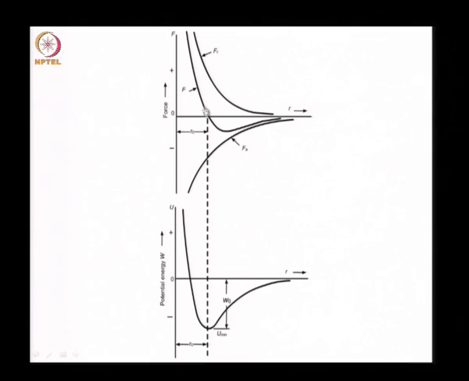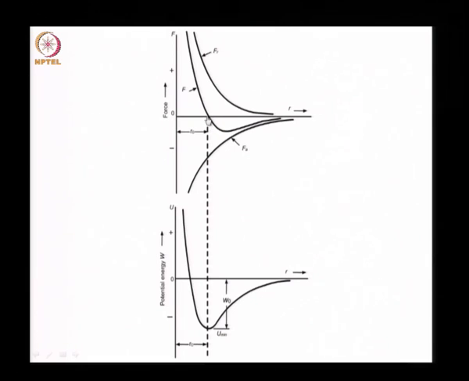We find that the diagram is symmetric about this point, that is, we have a similar behavior very close to the stable interparticle distance r 0 when we go either in compression or in tension.